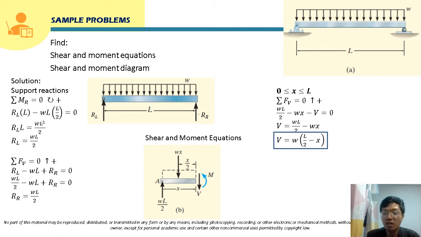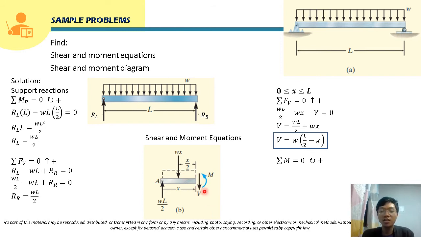Now, class, for the moment equation, we are going to use summation of moments here. Again, class, we are going to sum up moment, or take moment, always at the cut section. The reason for that is to cancel this unknown internal shear force V, since it will act at this section, so this will be canceled.